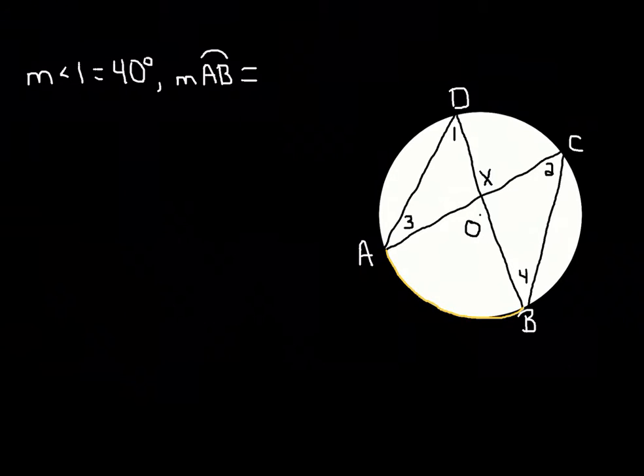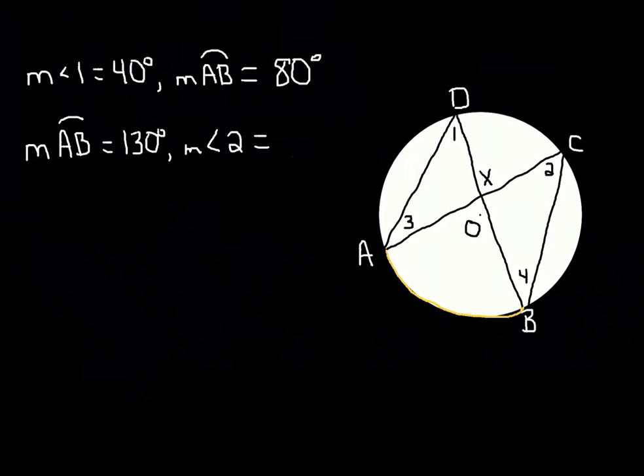And if you take a real close look, angle 1, its chords form that intercepted arc. So if angle 1 is 40, according to the first theorem that we looked at, then the angle is going to be half of its intercepted arc, which means that the measure of AB must be 80 degrees.